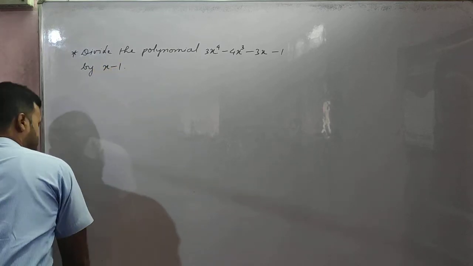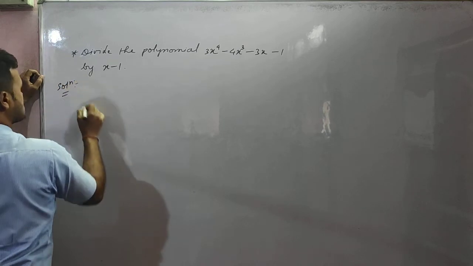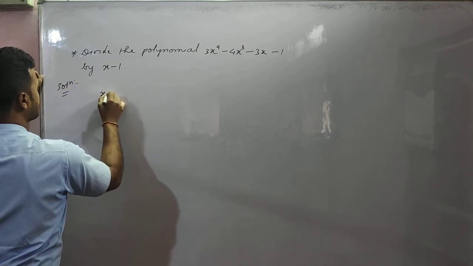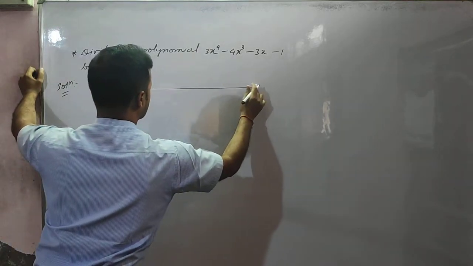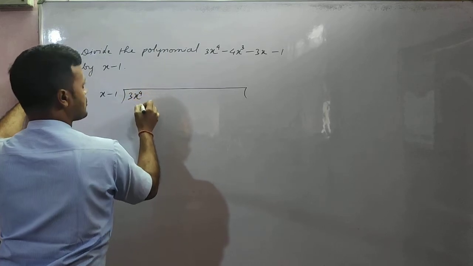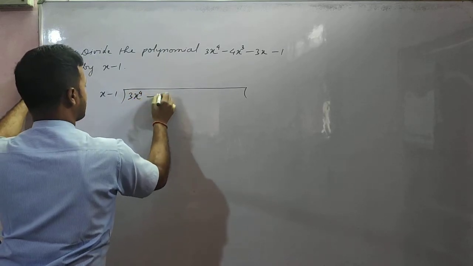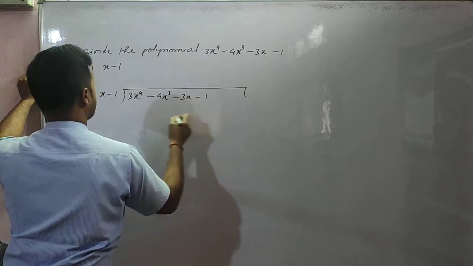Okay, so 3x to the power 4 minus 4x cubed minus 3x minus 1.